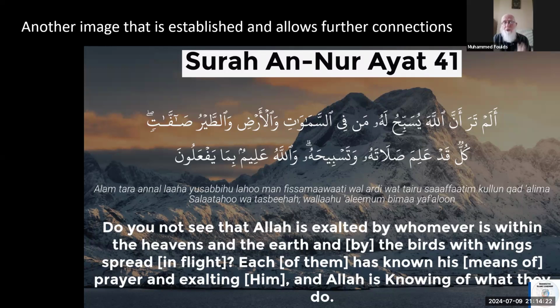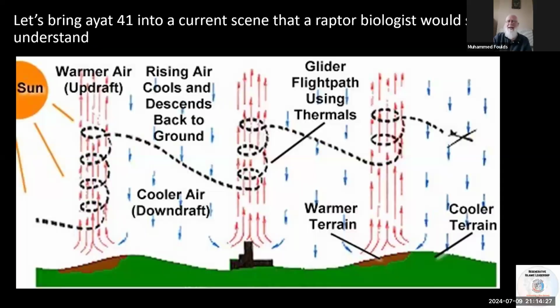So let's go into the image a bit more. Go on to the next slide. And we will see how, let's bring this ayat 41 into our current scene, because Allah wants to create an image for us. That the bird, with the warm air, with the updraft, hence the eagles, hence the vultures of Arabia, they work on great heights from the mountains, and Arabia is full of amazing landscape.